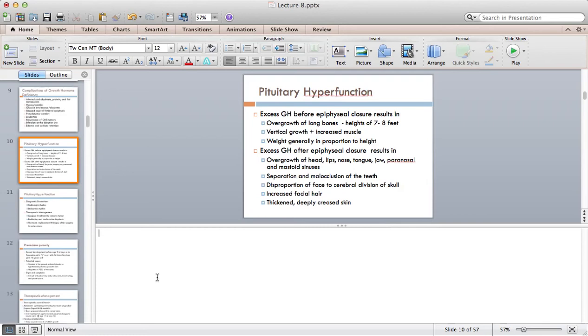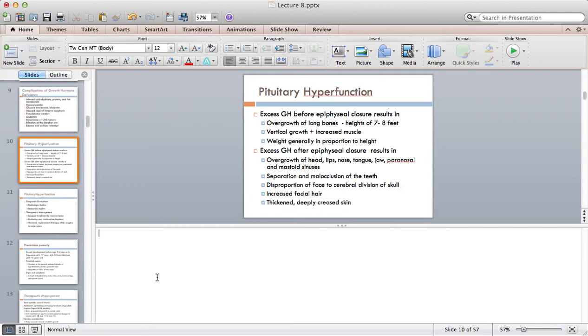So how do we diagnose this? Of course, we look at the X-ray. So the X-ray will tell you, you look at the epiphyseal plate, growth plate, see that it's still open, but there is excessive secretion of the hormones.